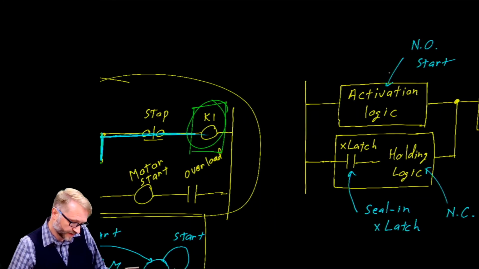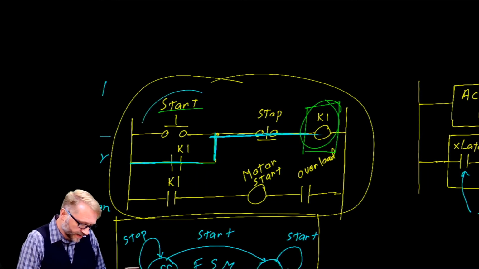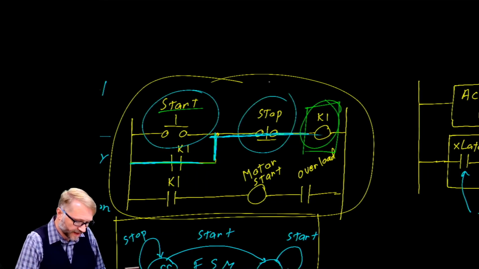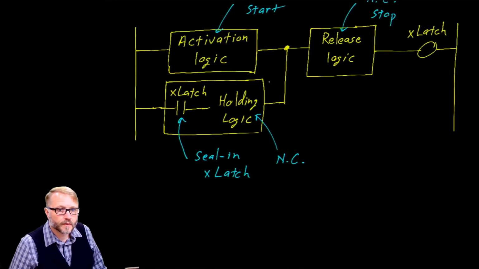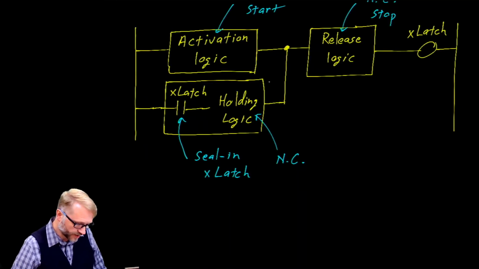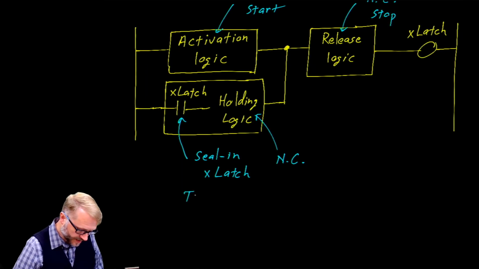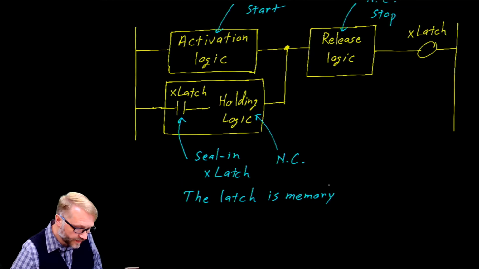I think we saw that over here. So our start button was normally open, and our stop button was normally closed. While we're here, we should put this into words. We would say the latch is memory, in that it holds the state of the system.